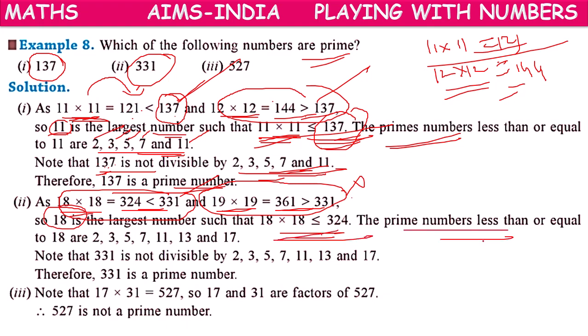Next, the prime numbers less than or equal to 18 are 2, 3, 5, 7, 11, 13, 17. This 331 is not divisible by any of these prime numbers. So it is not divisible by any number, so it is a prime number.